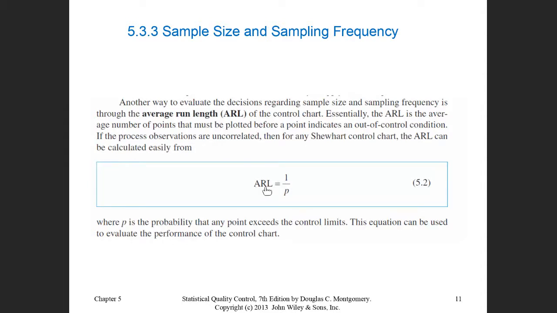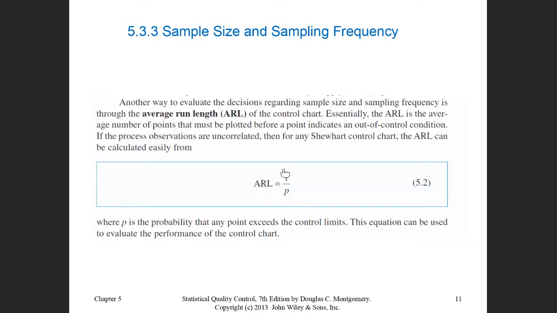ARL, the average run length, equals 1 divided by P. The P is the probability of any point exceeding the control limits in the control chart. And what it calculates is the number of points before the first out of control point will appear.